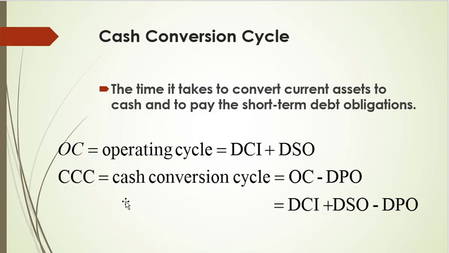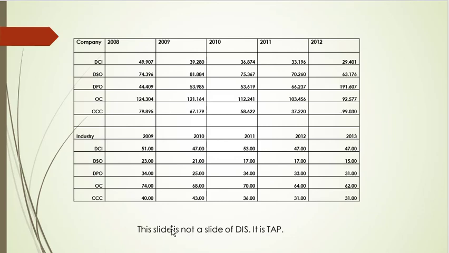We would like to coordinate the production of assets and the receipt of money from those assets to the sale, or to the payment for the borrowing of that inventory. So we want this to be as close to zero as possible. Again, this is another slide. If you look at the slide, we have a cash conversion cycle that is greater than the industry on average. And in fact, it's substantially different every year.